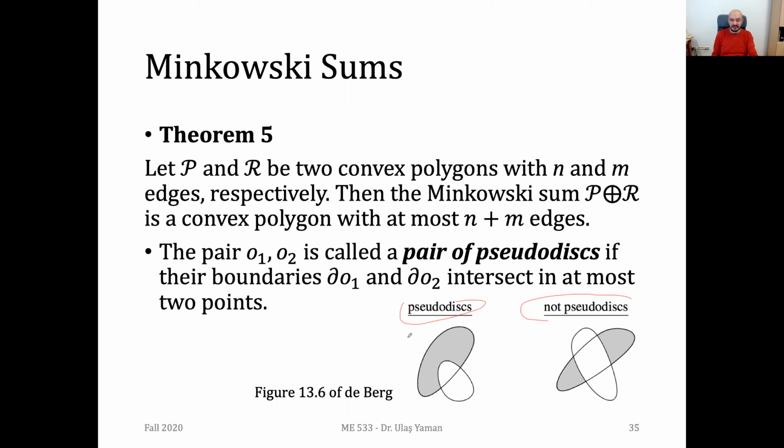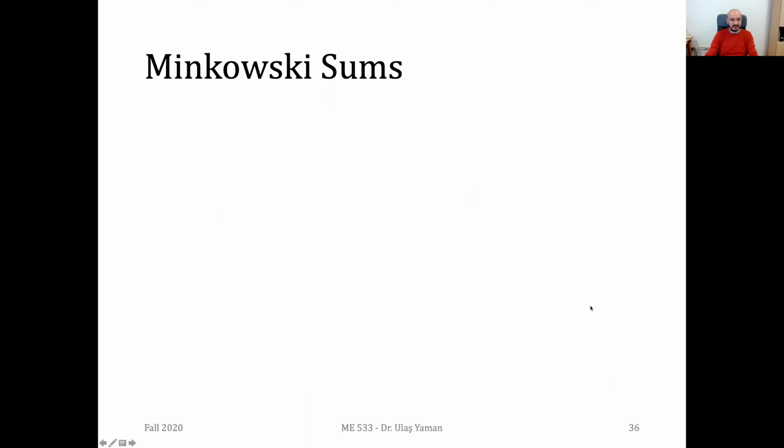If the boundaries of this pair intersect at only 2 points, then we can say that they are a pair of pseudodisks. But if they intersect at more than 2 points, then we cannot name them pseudodisks. Instead, we will simply say that they are not an example of pseudodisks.